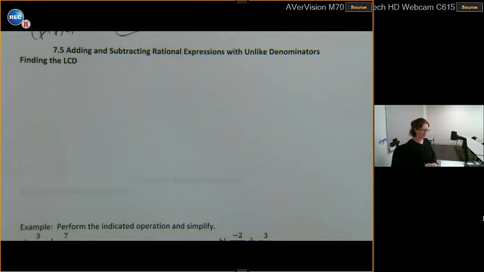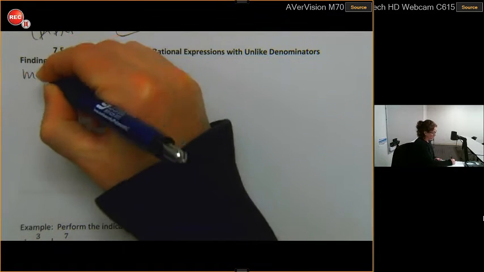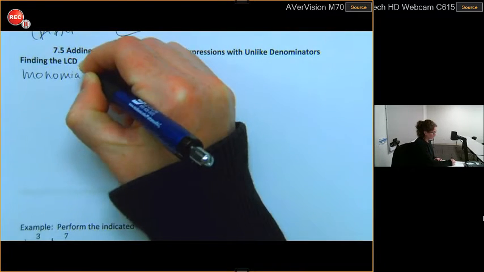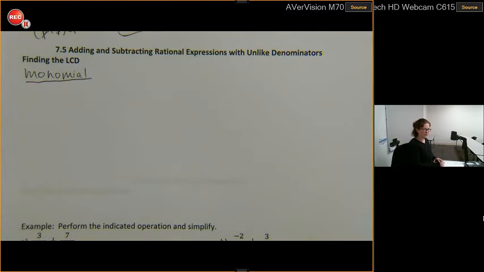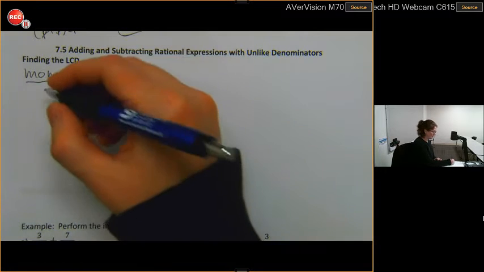Section 7.5, adding and subtracting rational expressions with unlike denominators, which means we're going to have to find the least common denominator, or LCD. When you have a monomial as the denominator, you're going to find the LCD of the numbers.